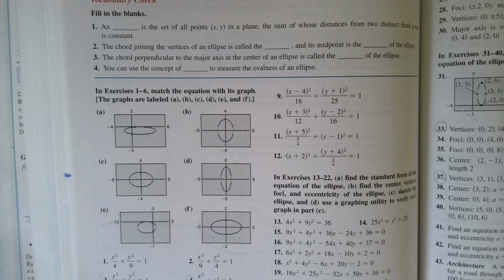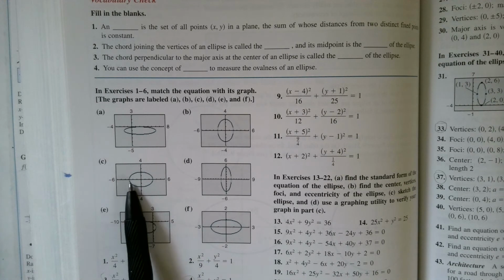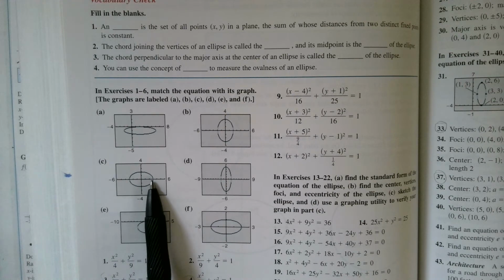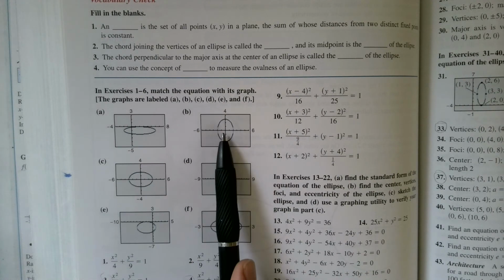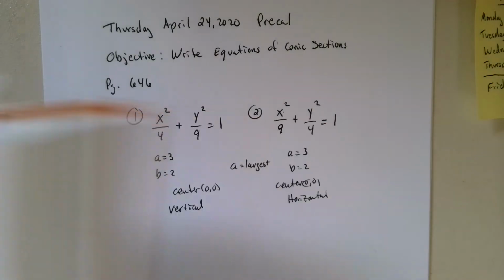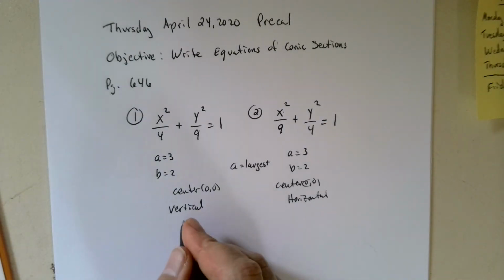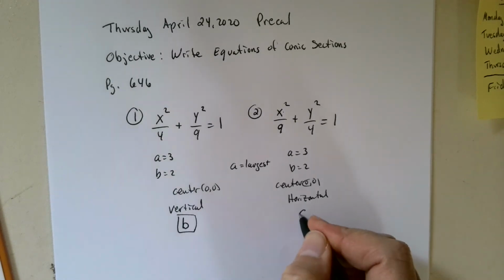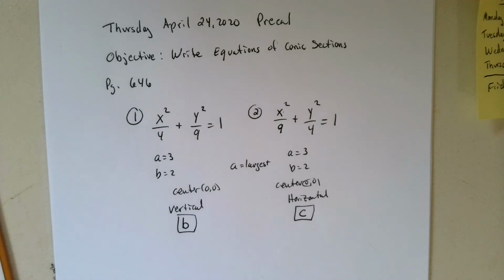And we're looking for ones that have a major axis of 3 and a minor of 2. So C has a major of 3 and a minor of 2, and so does B. B is vertical and C is horizontal. So the vertical is going to be the B, and the horizontal is going to be the C.